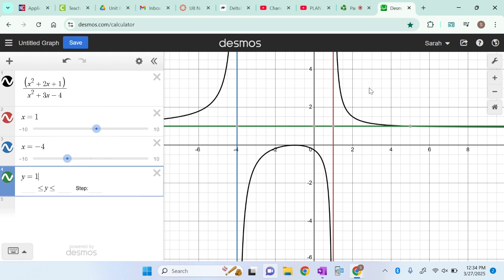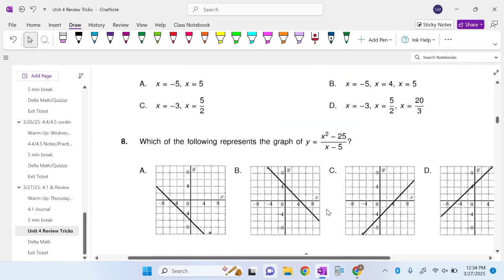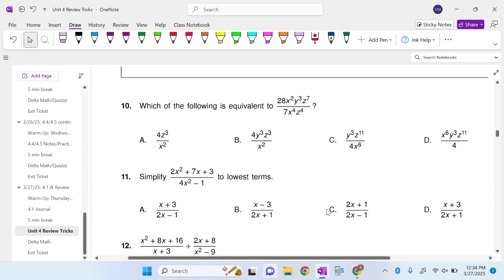So this was all the simplifying ones that gave you guys a lot of trouble. This is probably the easiest section that you will ever do, because almost all of these are what we call equivalent problems.